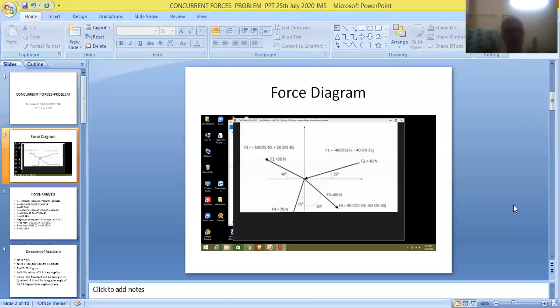All these things are very, very essential for solving the problem.